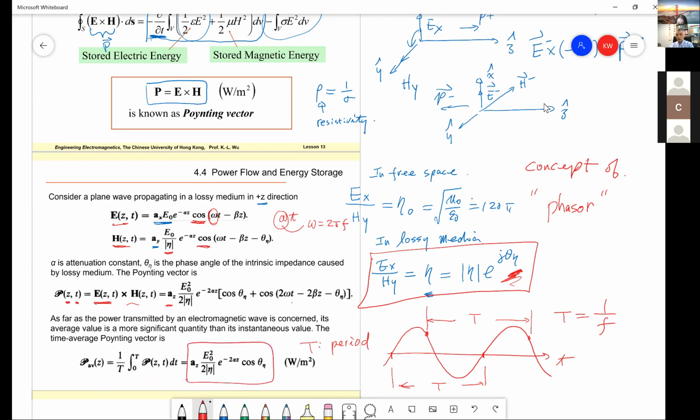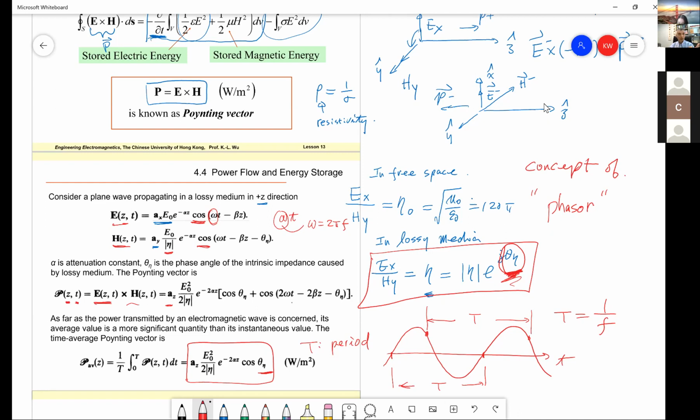This value depends on the phase. If this phase happens to be 90 degrees, that means the electrical field and the magnetic field have a 90 degree phase difference.